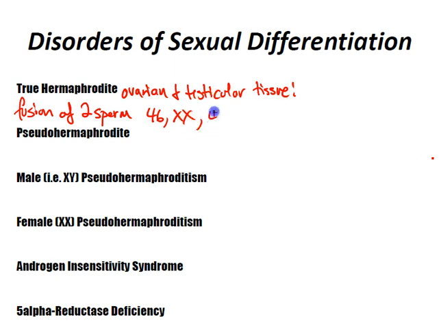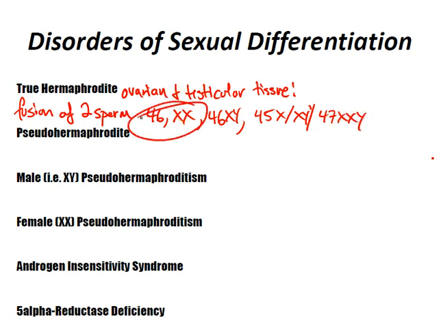46XY, 45XXY, and 47XXY. The one I want you to remember, 46XX. The gonadal sex, the testes and the ovaries, are present in one or two anatomical variations.